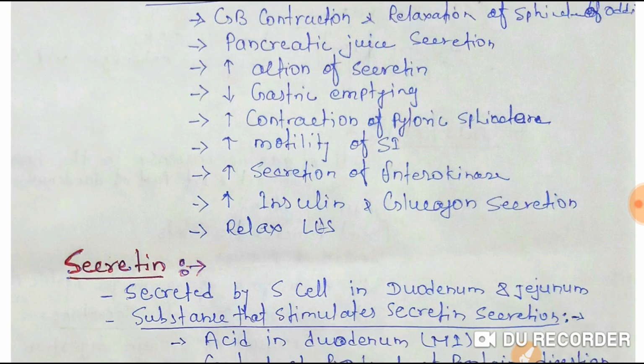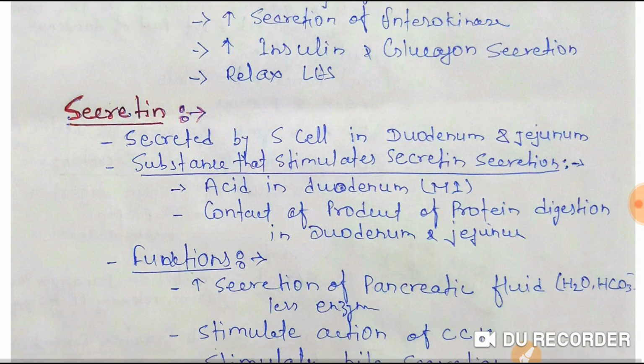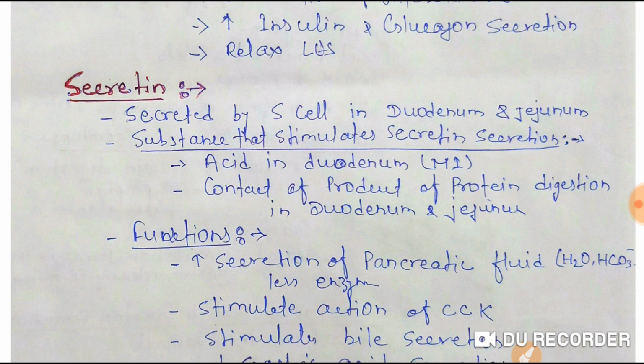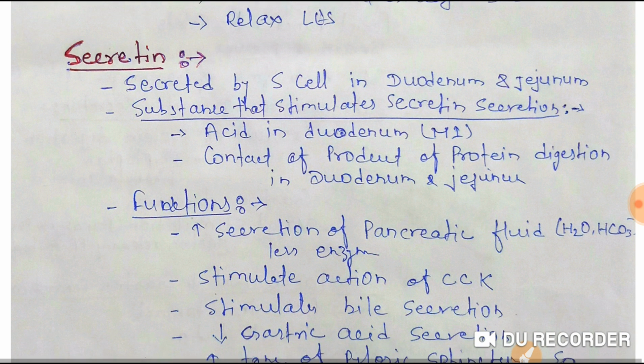Next is secretin. Secretin is secreted by the S cells in the duodenum and the jejunum. The substance that stimulates secretin secretion is acid in the duodenum, which is most important, and the products of protein digestion in the duodenum and jejunum.